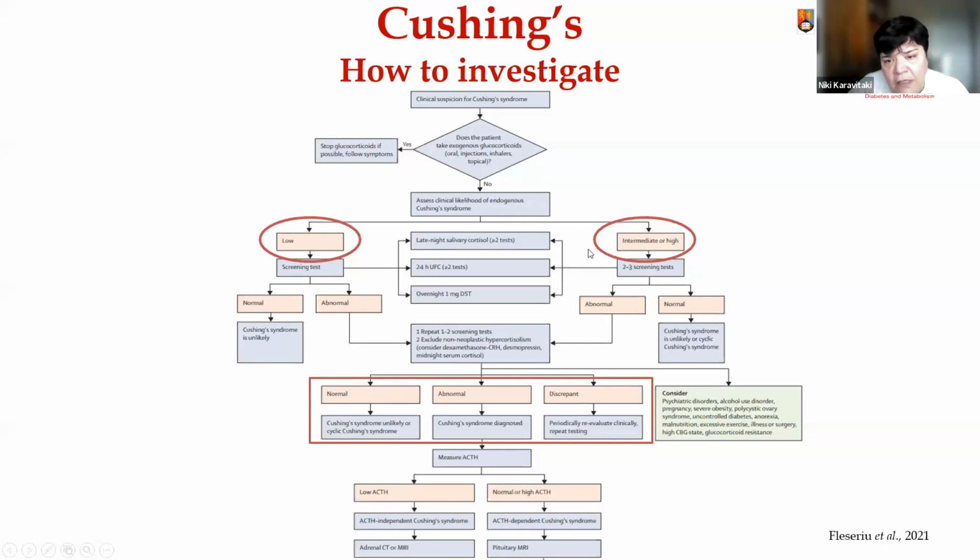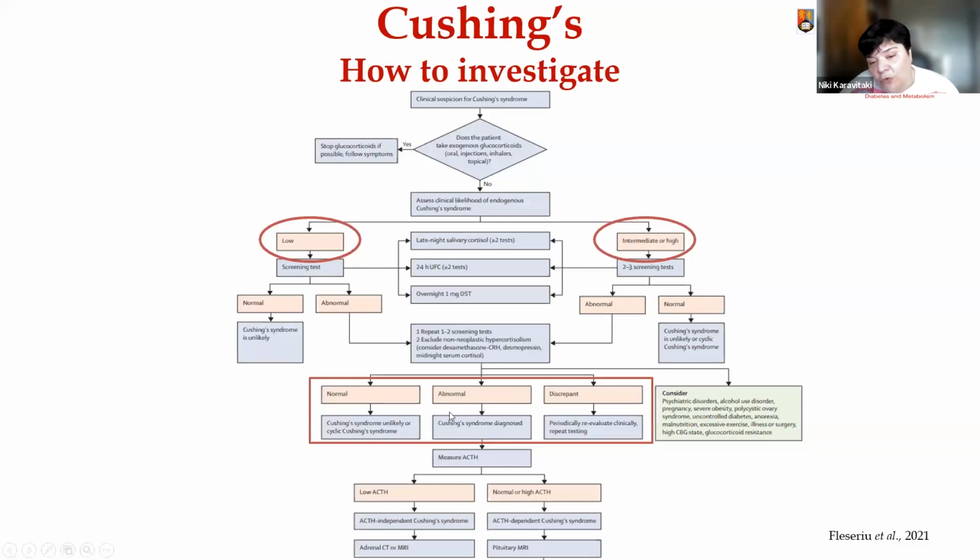If we feel that the probability of endogenous Cushing's is intermediate or high, we do 2 to 3 screening tests. If they are abnormal, we proceed to further investigations. And if they are normal, the Cushing syndrome is unlikely, or we are dealing with a cyclical Cushing's. And once all these tests are normal, again, we can be quite confident that we are not dealing with Cushing's, or we have the cyclical Cushing's.